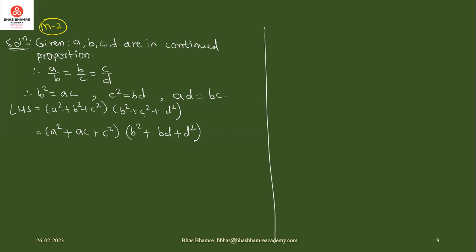So if I take B square as AC, C square as BD, nothing goes common. What should I do then? Should I quit from method 2? No, method 2 is not possible. How can I simplify this? Just a minute, I will be back. Just hold on. You go ahead for thinking.